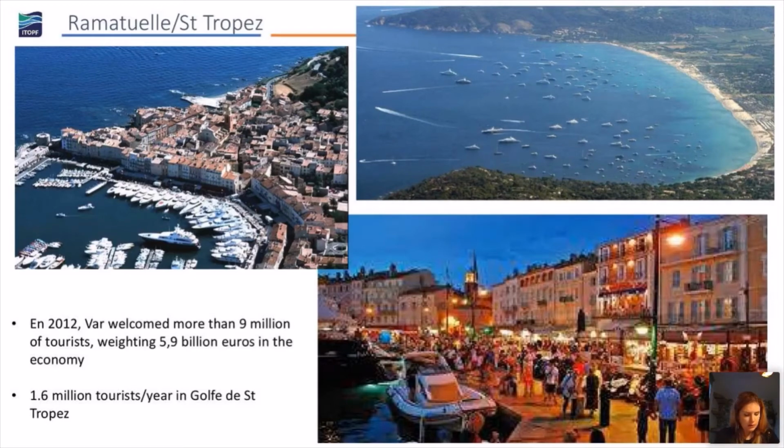So it's quite substantial. The Gulf of Saint-Tropez is part of the French Riviera and attracts more than 1.6 million tourists a year, with the majority of this during the summer.